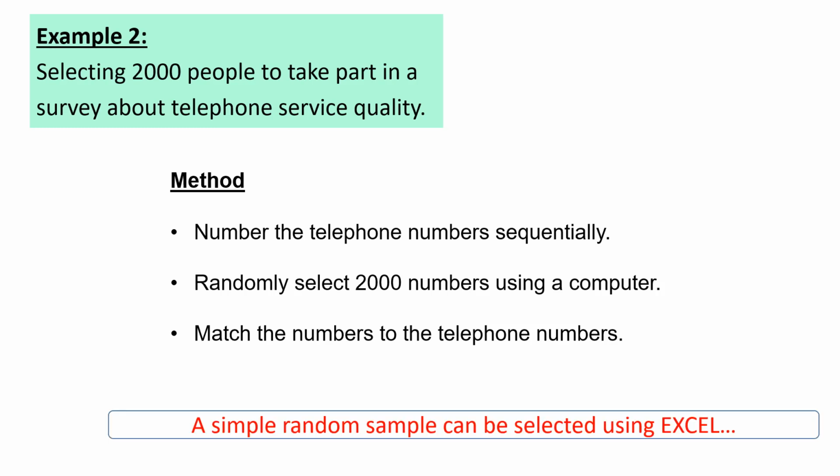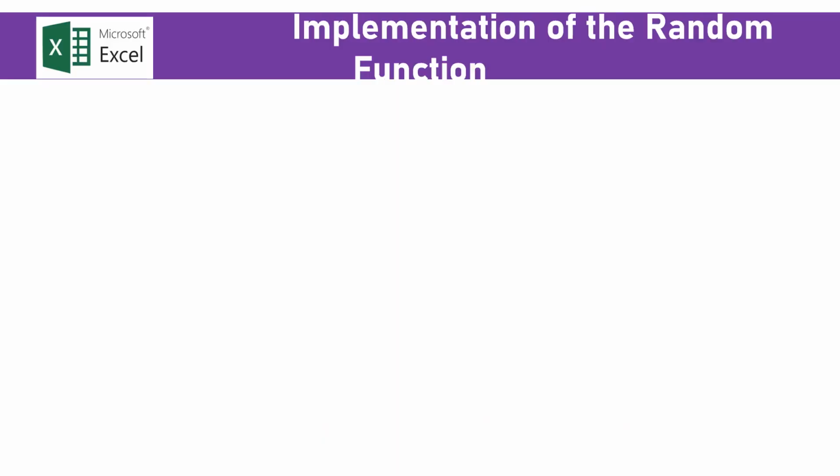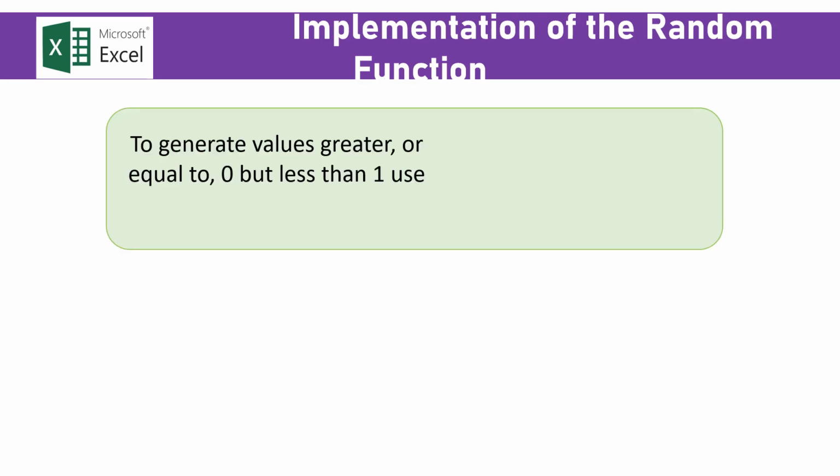A simple random sample can be selected using Excel, of course. This can be done by implementation of the random function. To generate values greater than or equal to 0 but less than 1, you use the function =RAND, and then you put something in brackets.